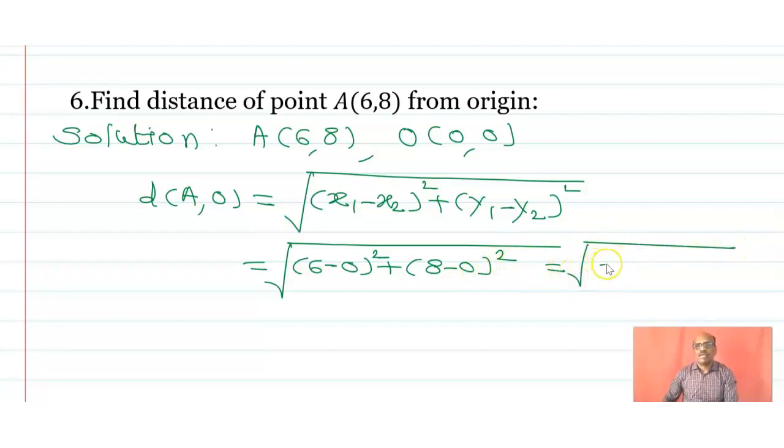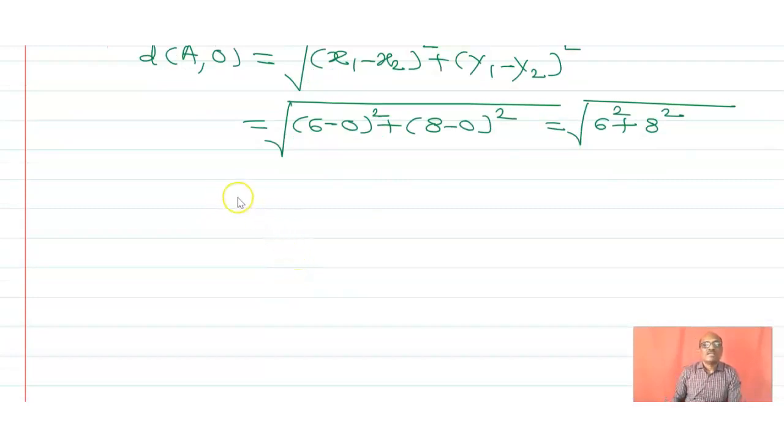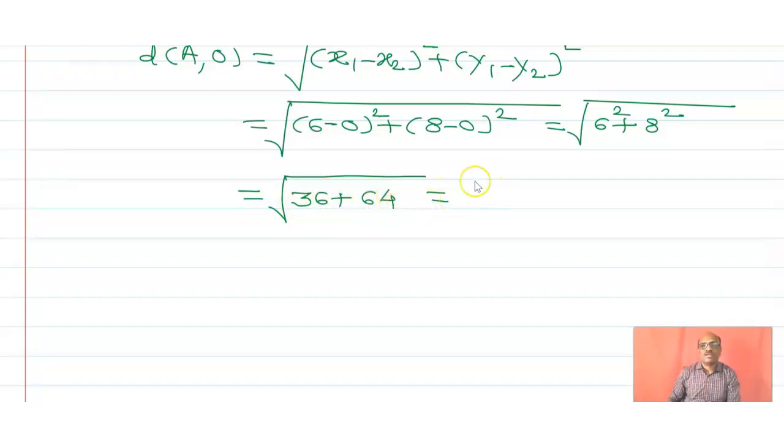The square root of 6 squared plus 8 squared. Okay. And this equals 6 squared means what? Here you will get 36. 8 squared means what? 64, and their total is 100, and the square root of that is 10.